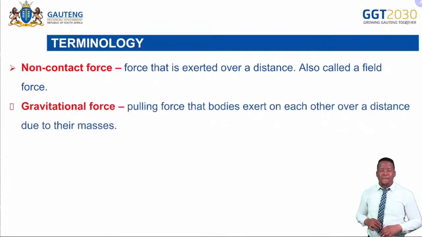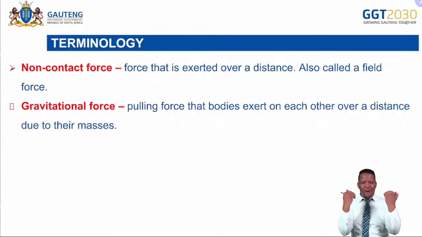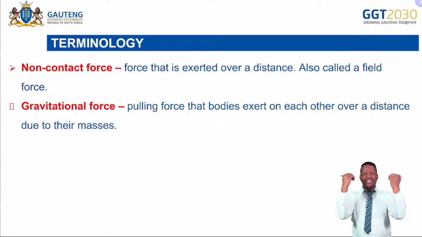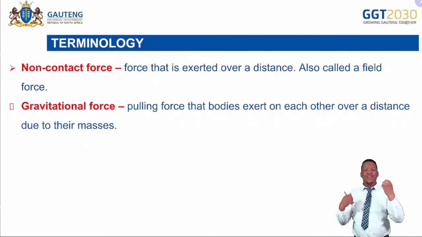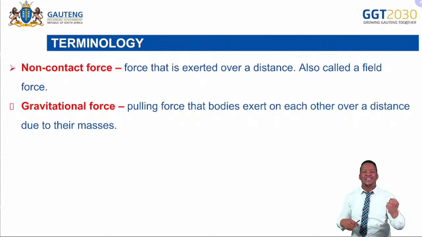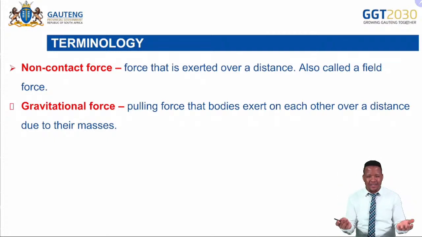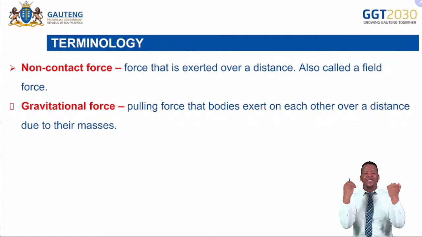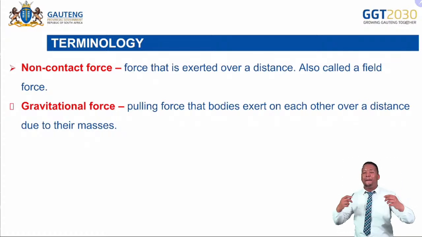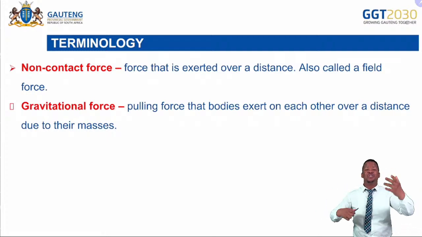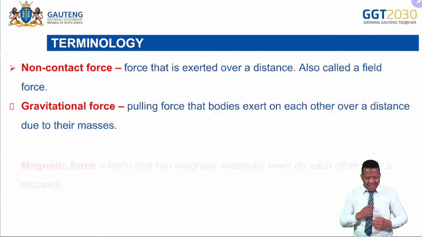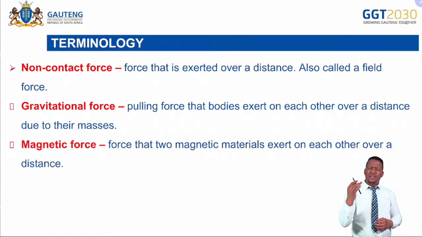Moving right along, gravitational force. Gravitational force is a pull force that bodies exert on each other over a distance due to their masses. And then magnetic force.